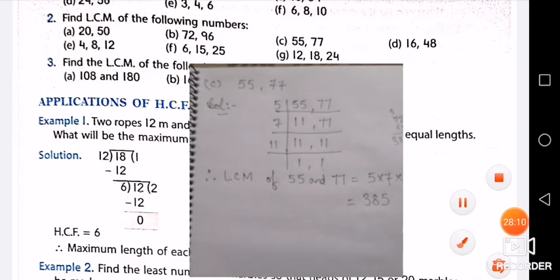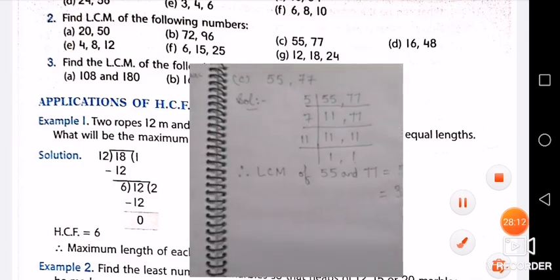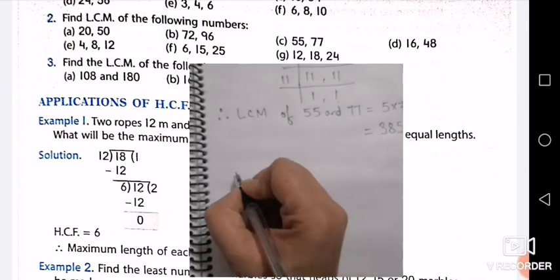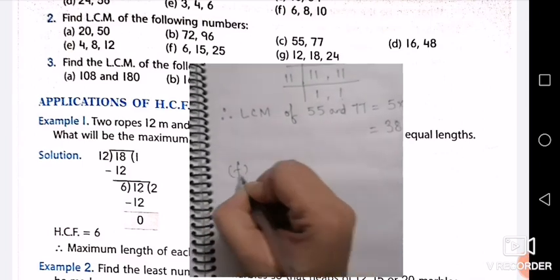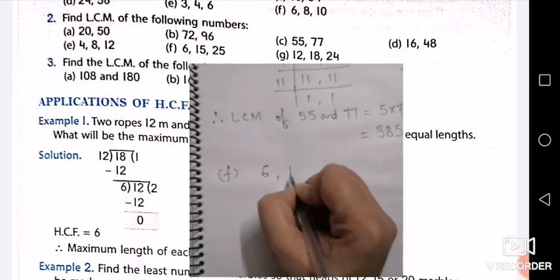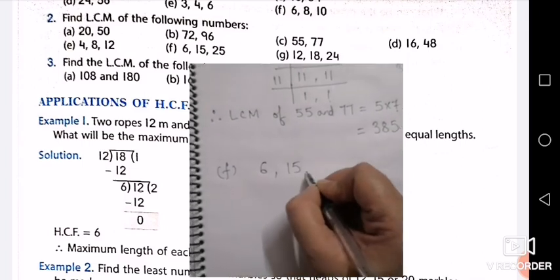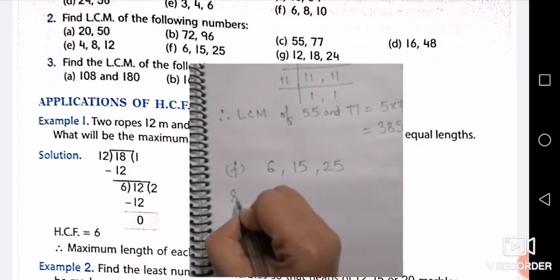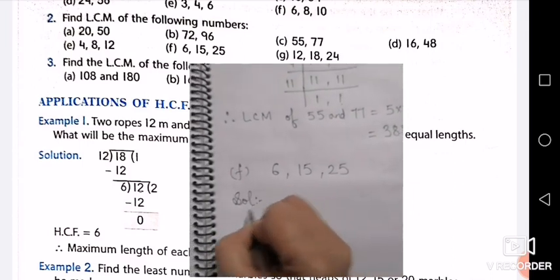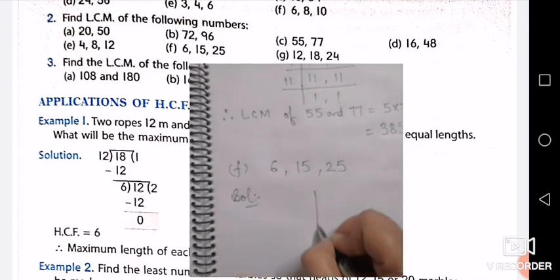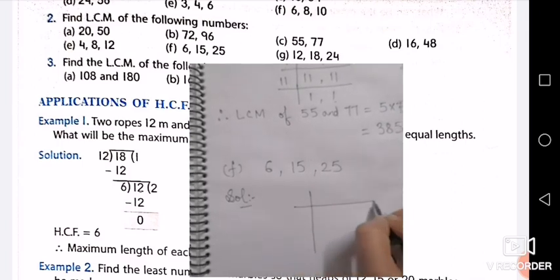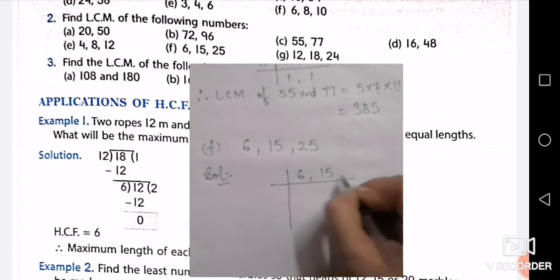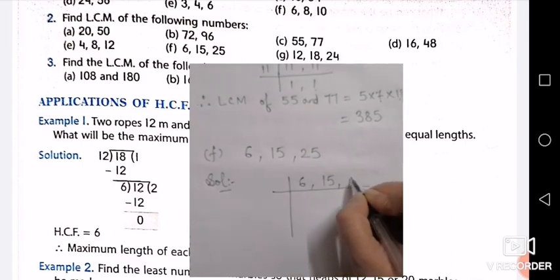let's see one more example of 3 numbers. So we will do F part, that is 6, 15 and 25. So here what we will do, we will write these 3 numbers in the division form, 6, 15 and 25.